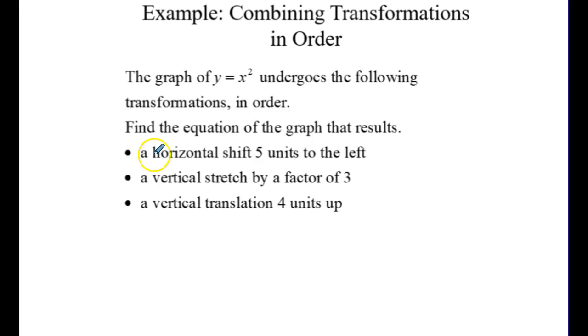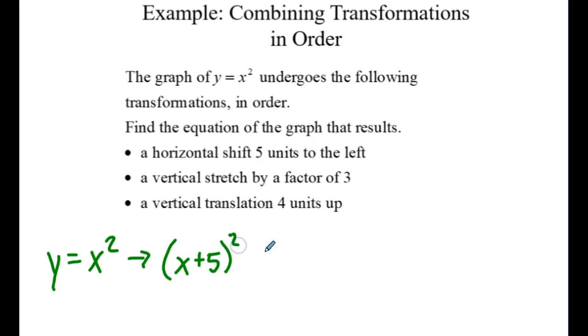So first we're going to start with a horizontal shift 5 units to the left. If we're taking our base equation y equals x squared and perform that horizontal shift 5 units to the left, that means inside parentheses we have x plus 5 quantity squared. Now we're going to perform the second transformation, a vertical stretch by a factor of 3, which means we're multiplying 3 out in front of this function.